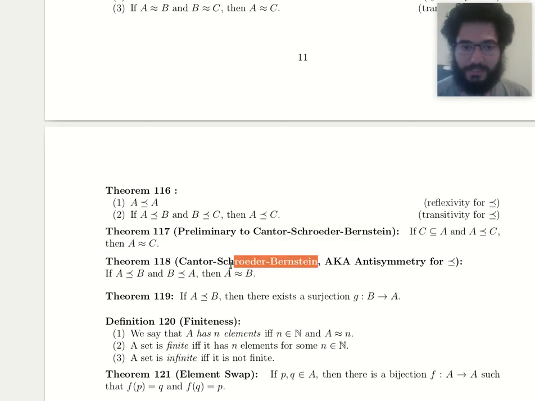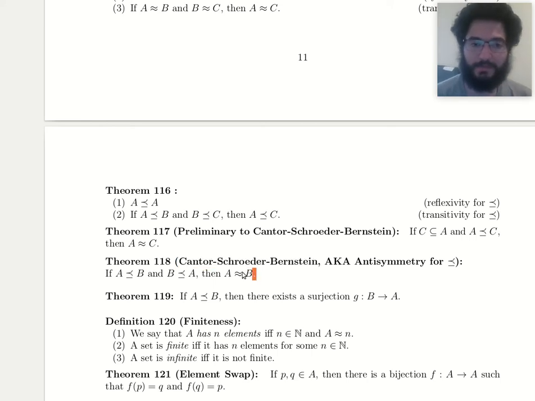Whenever you see names on a theorem like this, that means it's serious business, and the proof will be pretty involved. All right, so I'm not going to get too much into that because I want to get a chance to spend time working with finite sets, which we'll go to very soon.